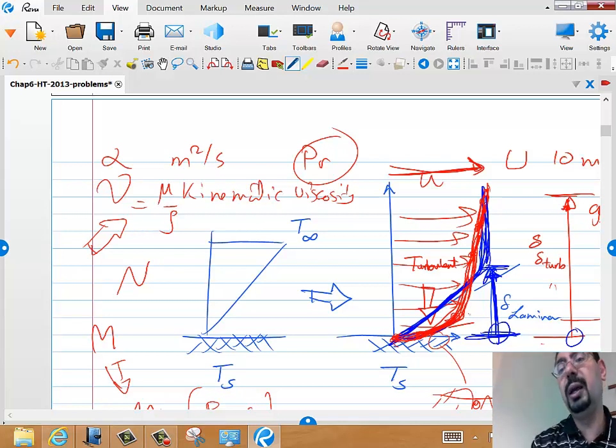Now, notice one thing. The boundary layer thickness, or the height of the boundary layer, is bigger in which case? Turbulent or laminar? You can see in the drawing, the turbulent boundary layer height is actually bigger. Right? Look at this.